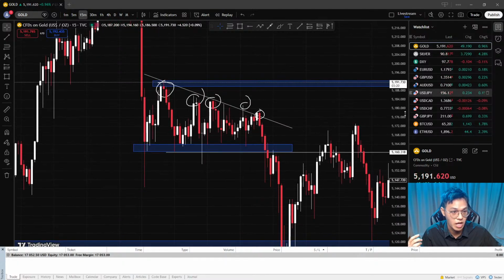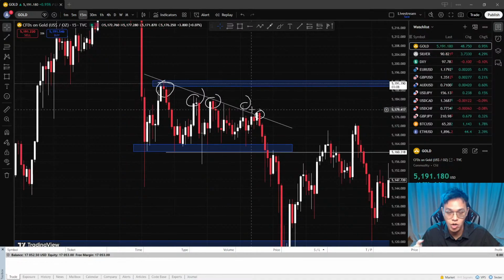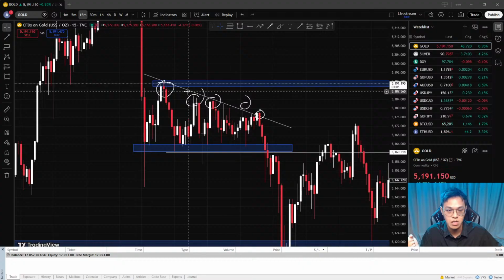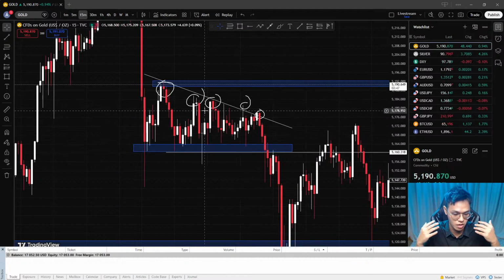But we need to go back to the main foundation: the price forms a lower low structure, which means the momentum is weaker than before. The price becomes weaker and weaker, and finally breaks the support and drops. This is the foundation of chart patterns.